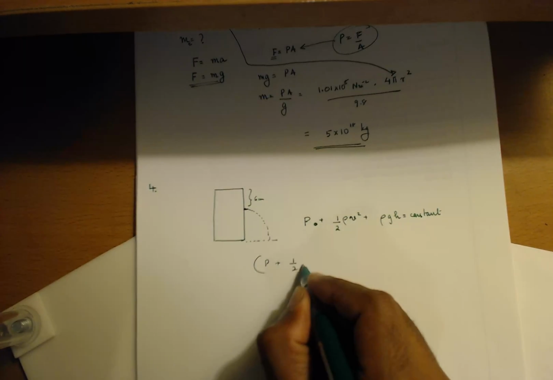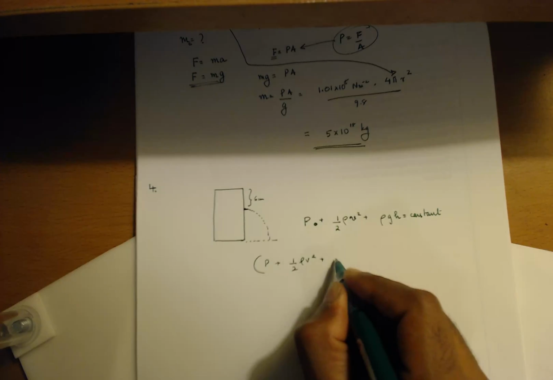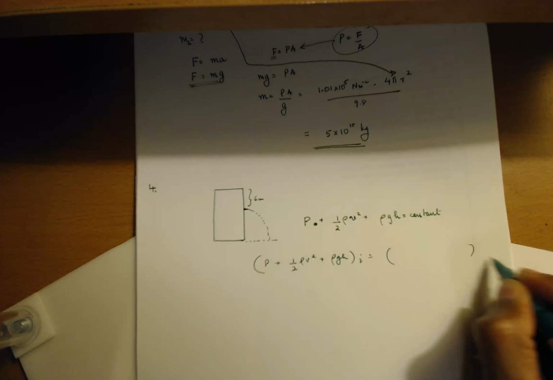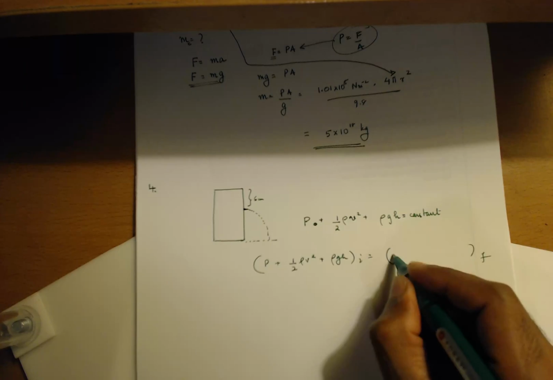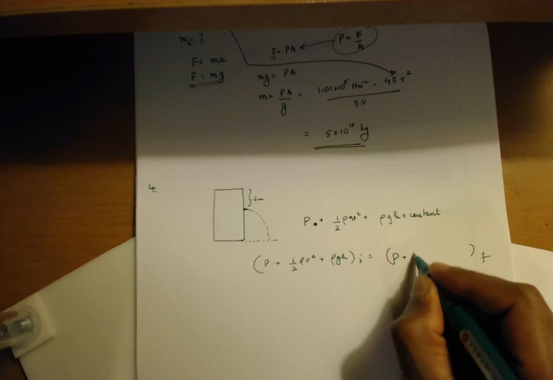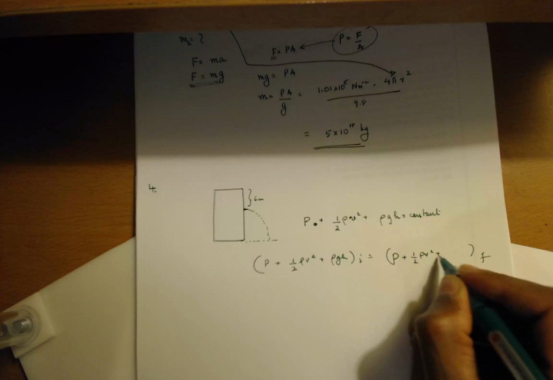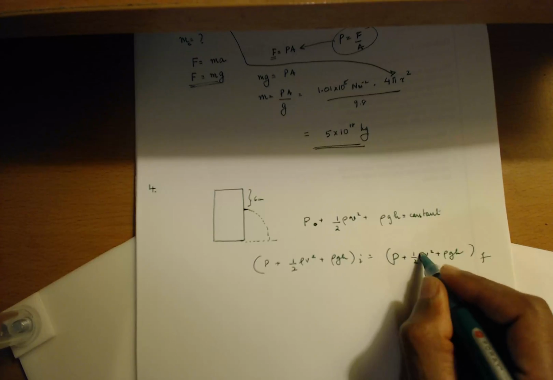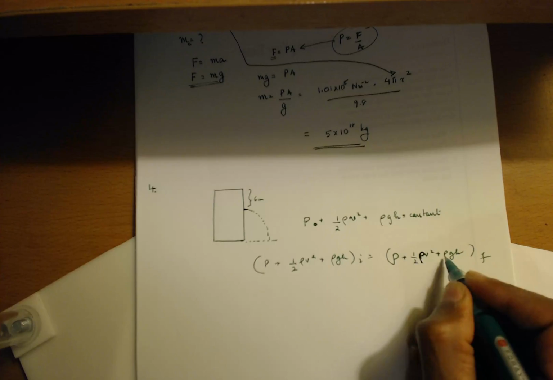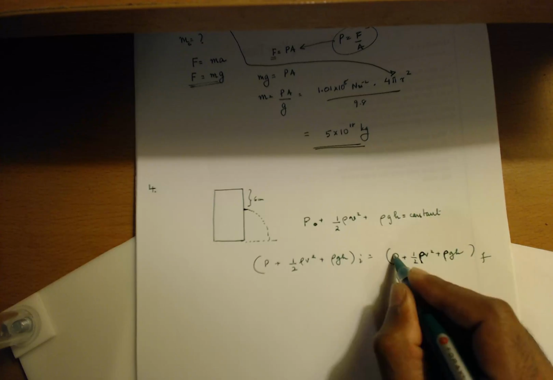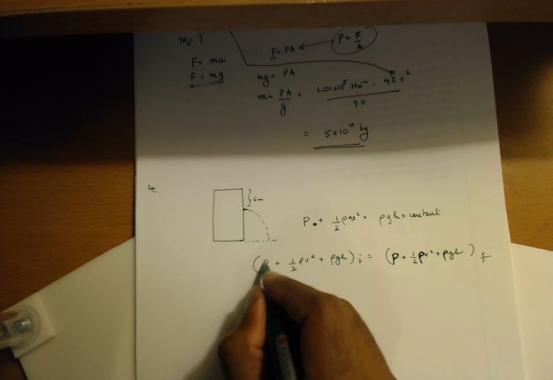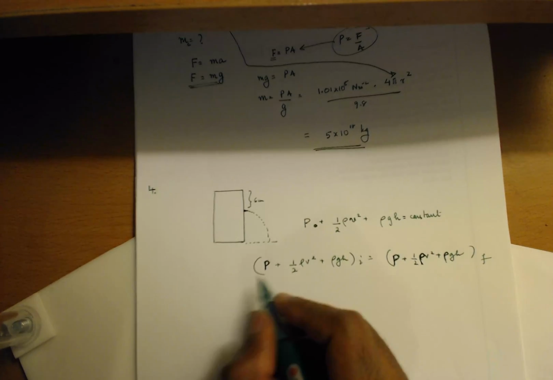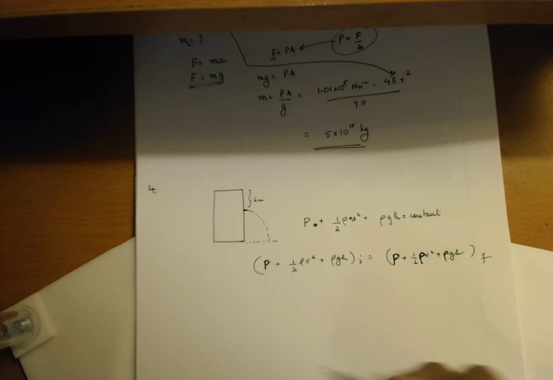So the pressure plus half rho v squared plus rho g h initial equals the same final. The sum of all of them would be the same, initial and final. You do have to note the difference between this density rho that I draw here and the P for pressure, right? They're two different letters. One's Greek, one's English, right?